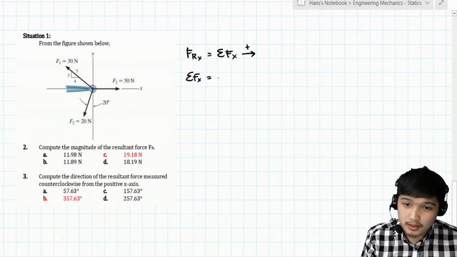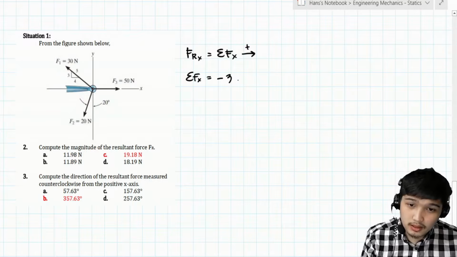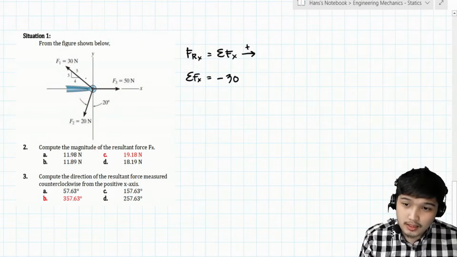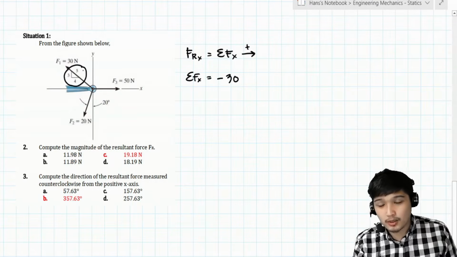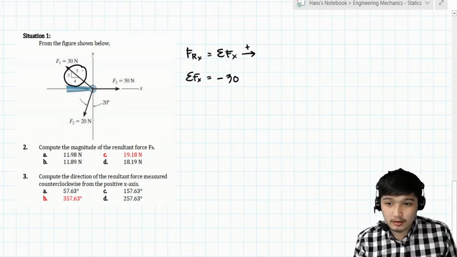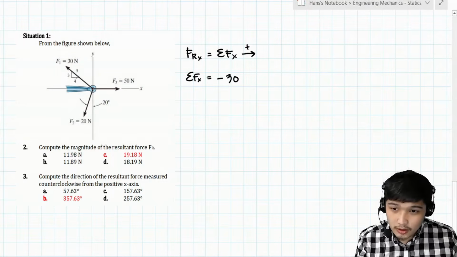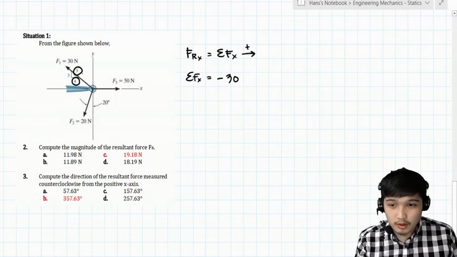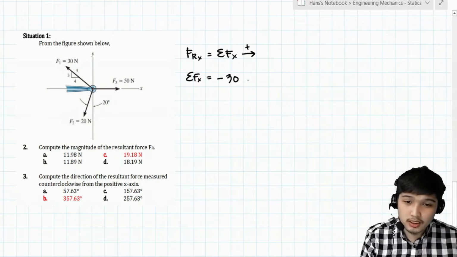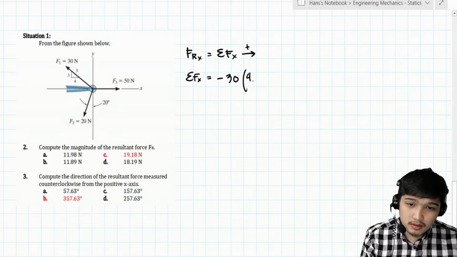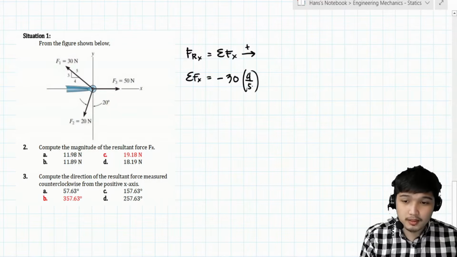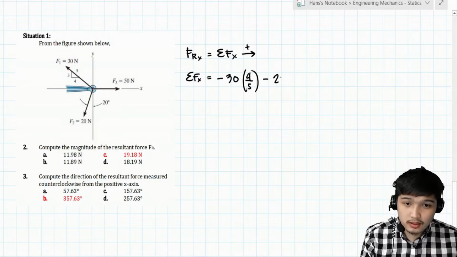So, for F1, that is negative 30. Ang binigay sa ating, class, is naka-slope. So, paano yun, class? To solve for the horizontal component, that is, edi yung horizontal over hypotenuse. So, 30 times 4 over 5. Okay? Next is yung F2, negative 20.